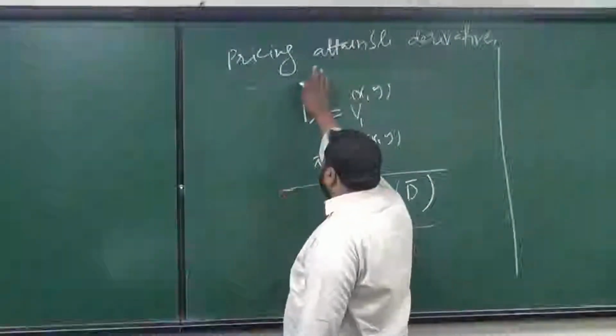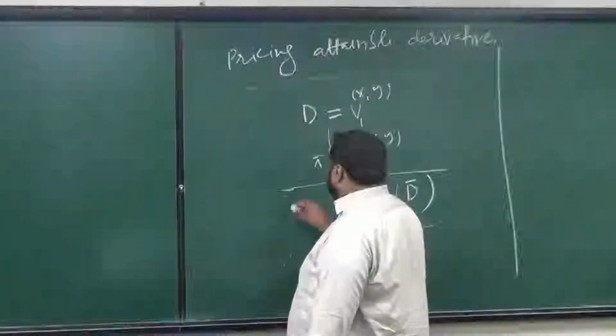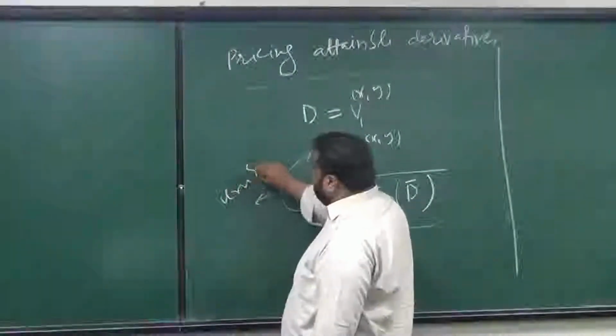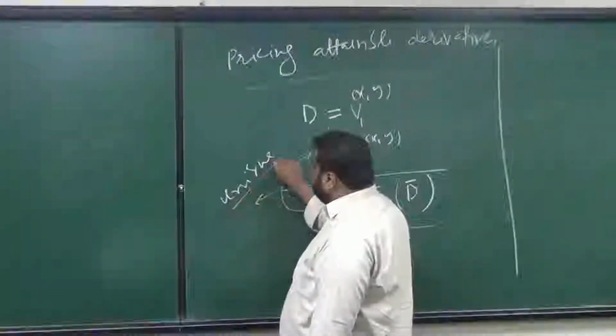So if my derivatives are attainable, then I'm going to have what is called the unique fair price. Not only do we have a fair price, but it is unique.